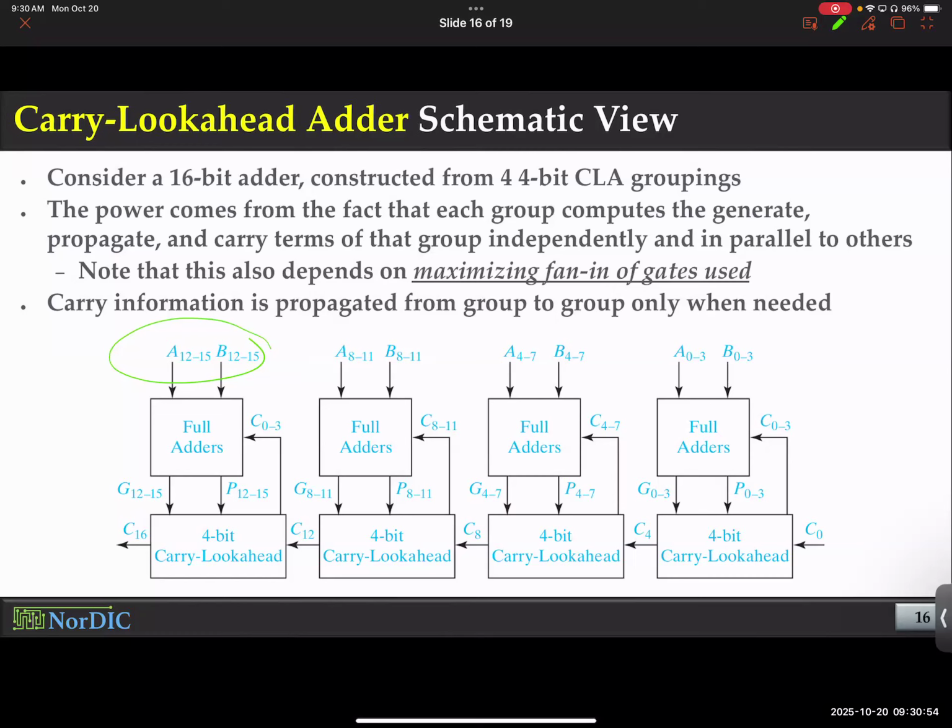This is the architecture that people figured out. It's a mix of ripple carry and carry look ahead. So you don't look ahead all the carries. You look ahead blocks of carries, like 4, 4, 4, and then you ripple that. Instead of letting it ripple through 16, you let it ripple between blocks.